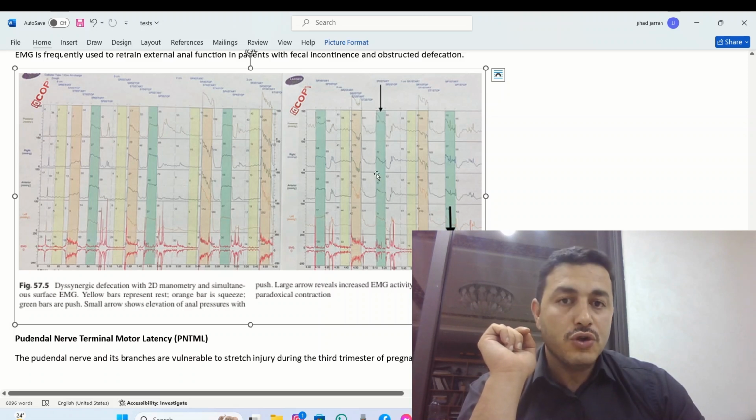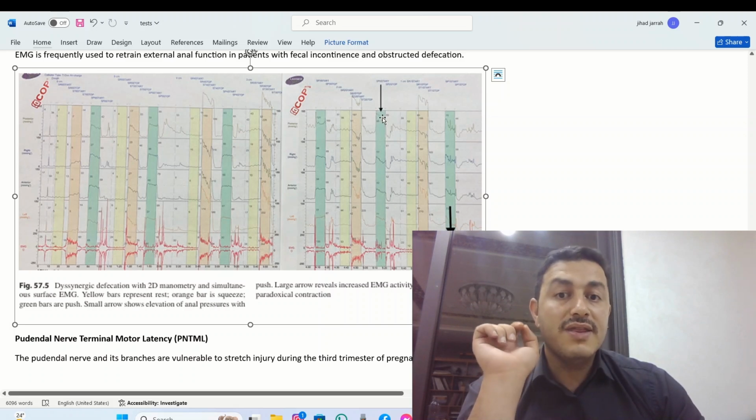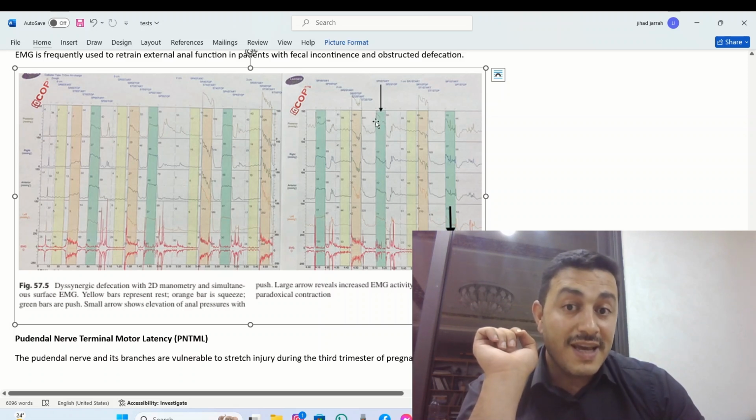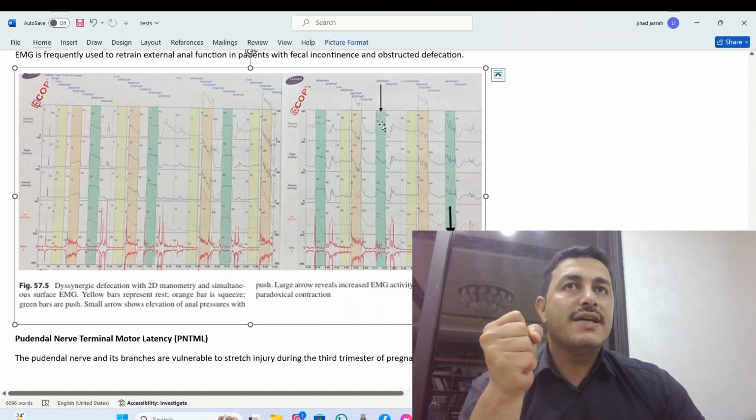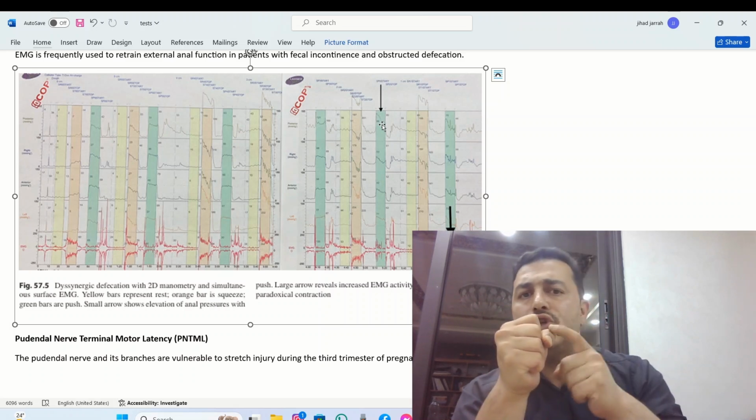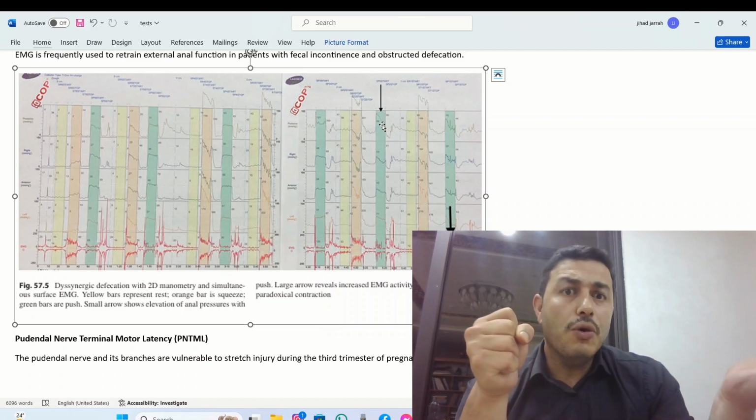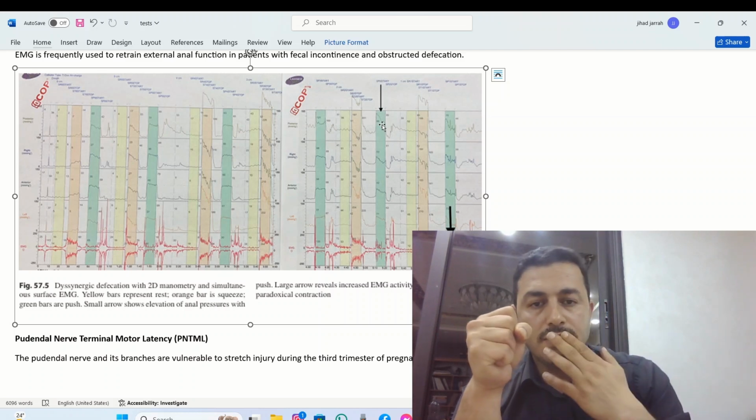When we ask the patient to push, we notice, as you see here, elevated external anal sphincter pressure, which means that this patient may have obstructed defecation.